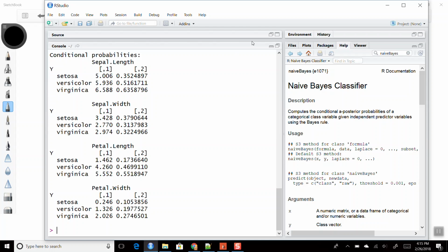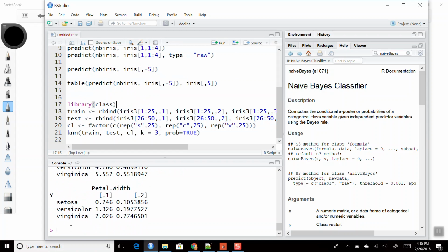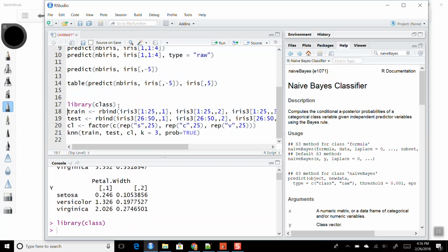Okay, so that's the naive Bayes classifier, and then for k-nearest neighbors, I'm just using the example that came with this package, class. So you load up library class, okay? Here it splits up the IRIS data into training and test. It actually reformats IRIS into a 3-dimensional array.